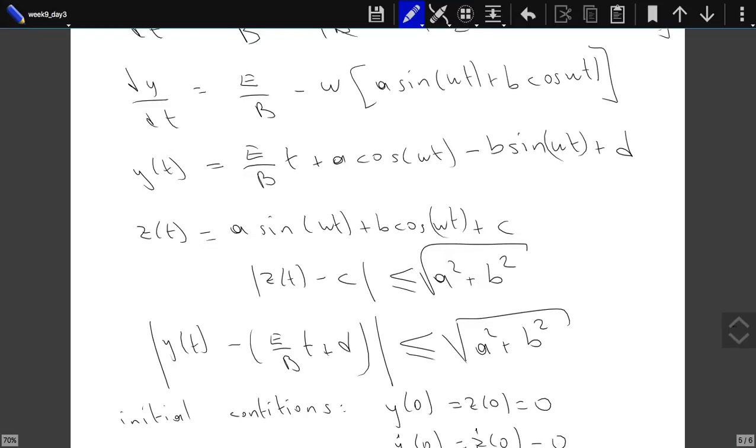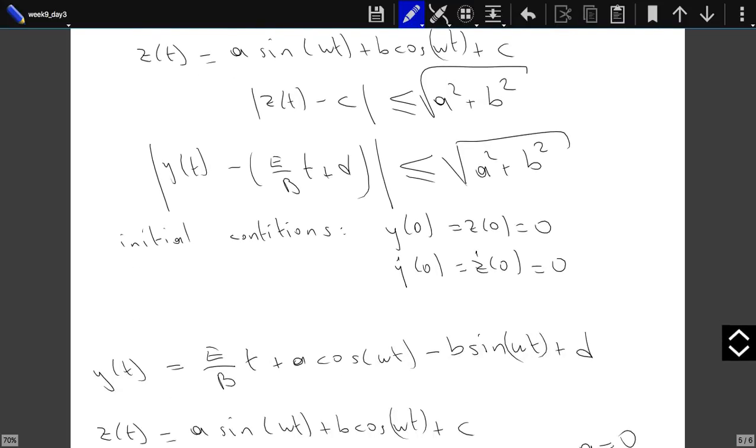Now, we didn't specify any initial conditions up to this point. We can just pick any initial condition you like. Where do you put your charged object? You can put it on the origin, or at some other point. You can give it some initial velocity, whichever you like. Now, just to keep things simple, let's assume that I choose my origin as the position of my charged object at t equal to 0, so that the y and the z coordinate at t equal to 0 are both 0.